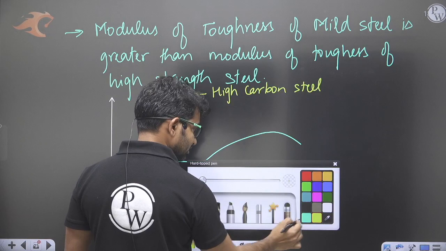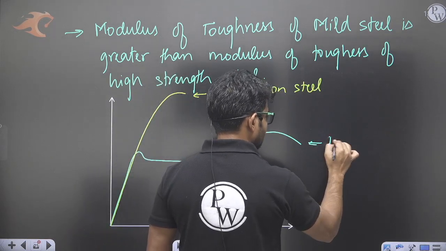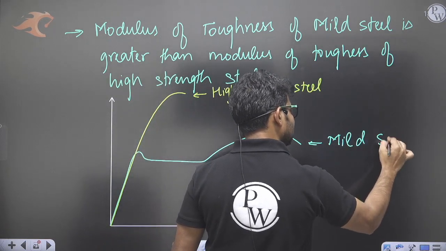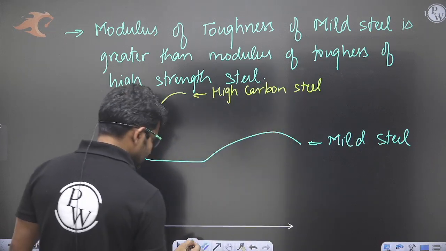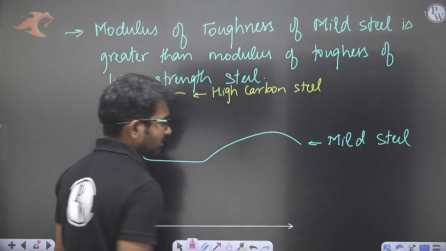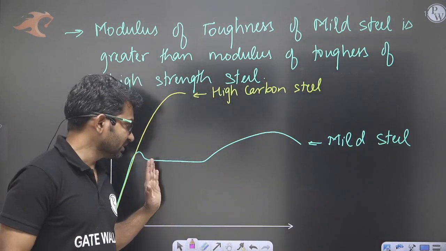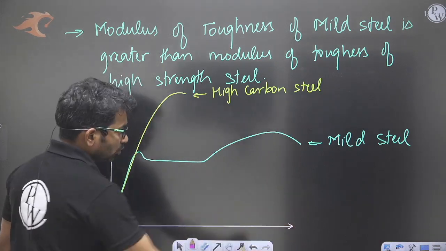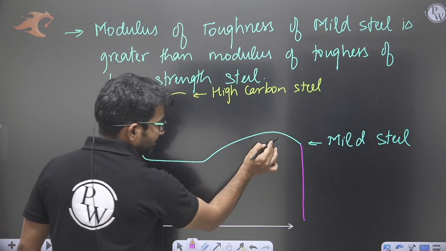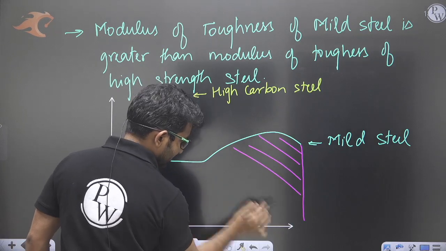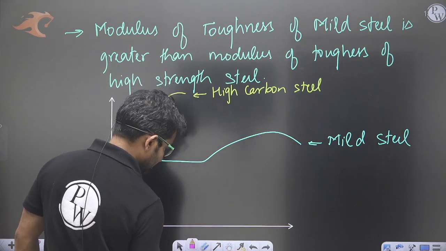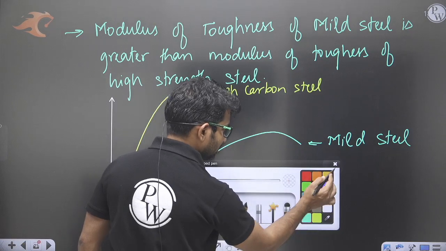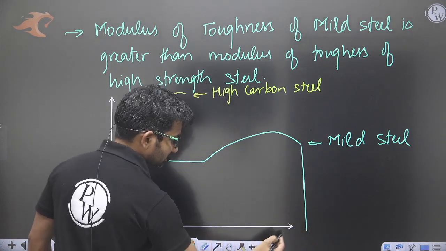And this is the stress strain curve of mild steel. Since the modulus of toughness represents the strain energy stored up to the fracture point, let me keep the color same as the curve so it is easy to understand.